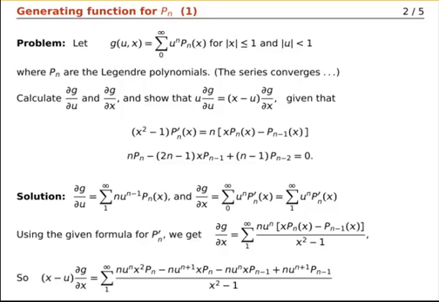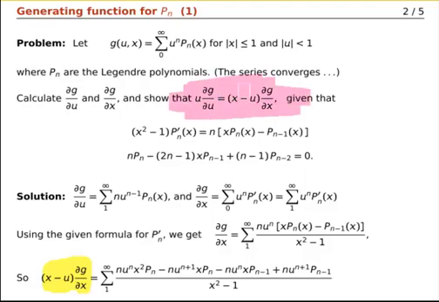And now we do a bit more straightforward trivial algebra. I just work out x minus u dg by dx, which is really what comes into the partial differential equation that we're trying to prove.